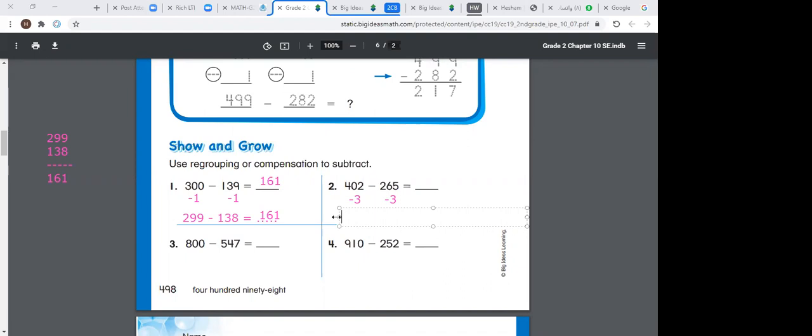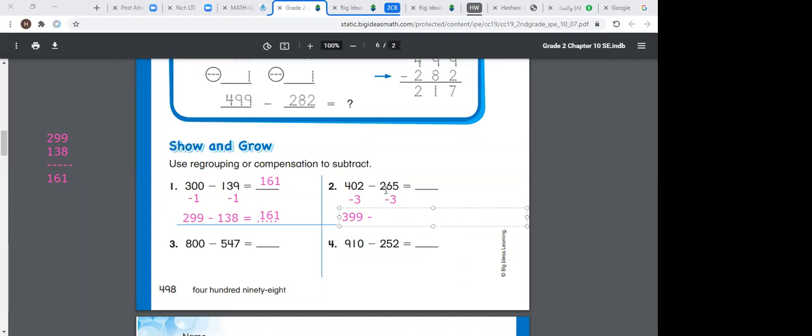Before 402, 401, okay? 400. Before 400, 399. Let's write here 399 minus here 265 minus 3 equals what number?